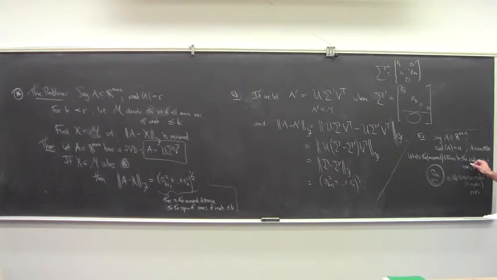The matrices of rank less than or equal to n minus 1 are the same thing as the singular matrices. And so you can think of sigma n as a distance to the non-invertible matrices.